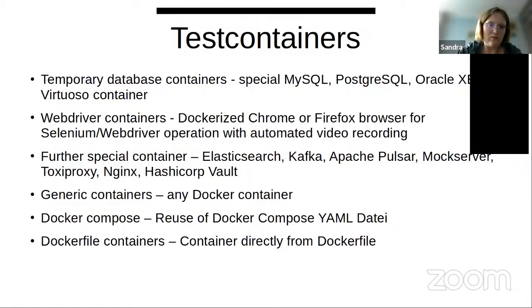You can use other specific containers like Elasticsearch, Kafka, MockServer, HashiCorp Vault. Of course, you can use any Docker container because they have an API for generic containers. When you have Docker Compose files you want to use, you can define Docker Compose files and put them in your test. So there are many possibilities to test your infrastructure.